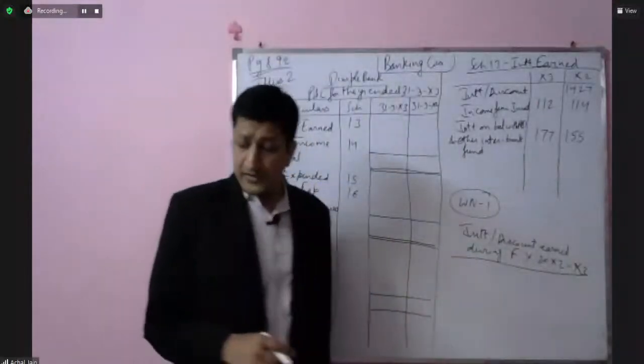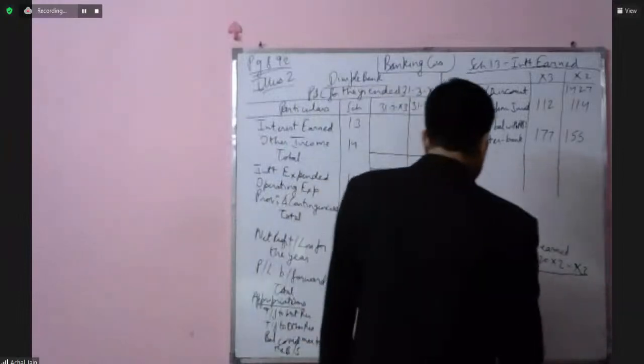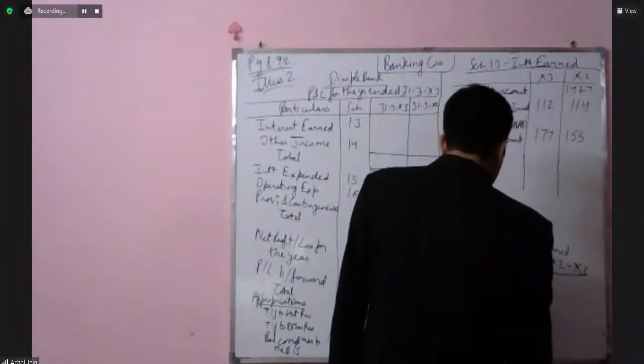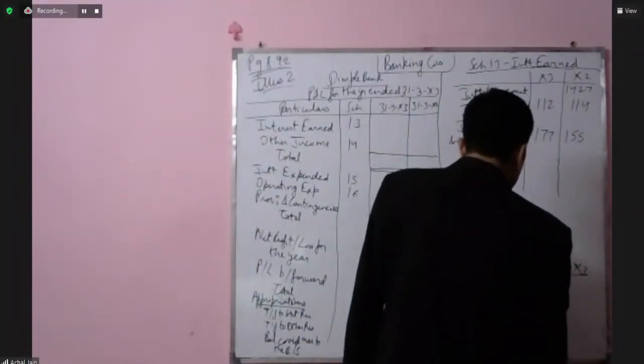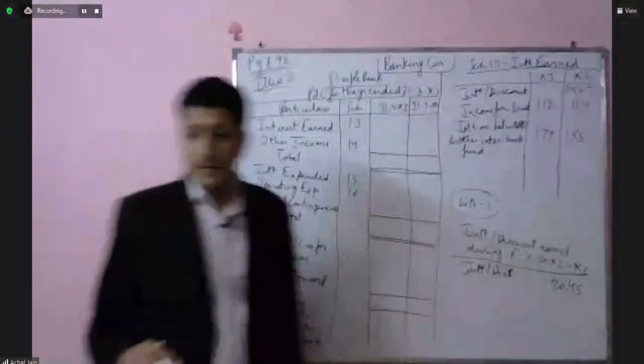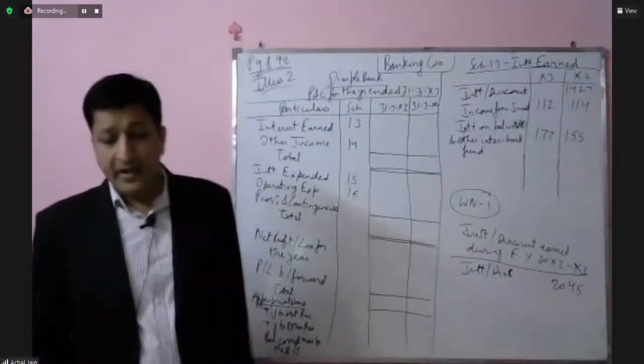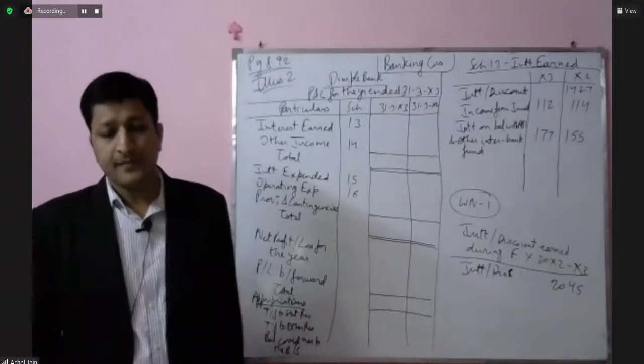So how do we start? We have interest and discount for the current year, 2045. We have interest and discount 2045.